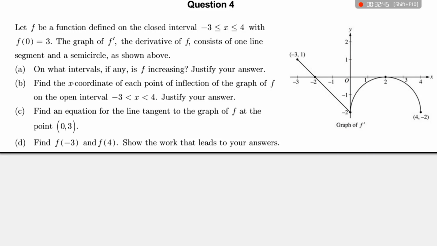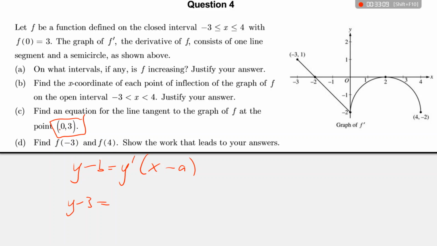Okay, part C. Find the equation of a line tangent to f at 0, 3. Our general form for a tangent line is y minus b is equal to y prime times x minus a. So y minus b, where b is my y value for that point, which is 3.